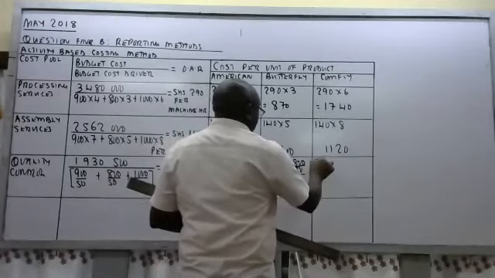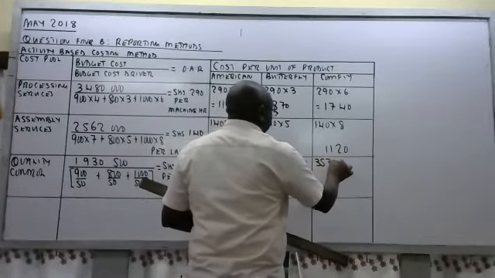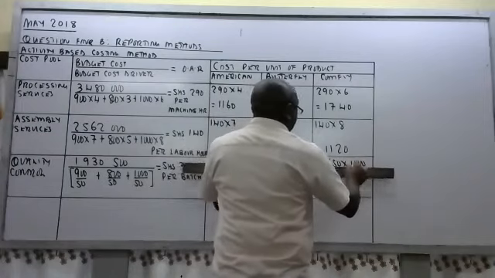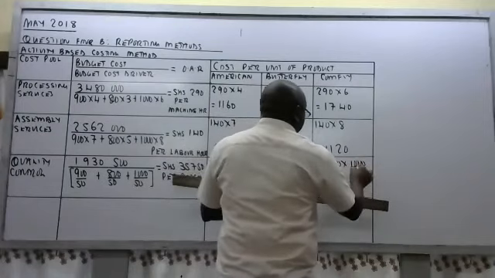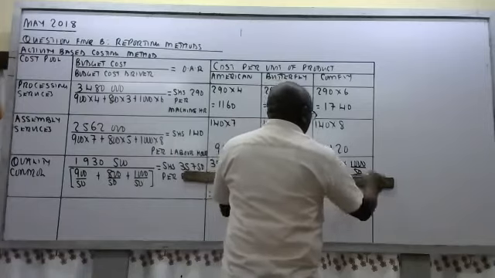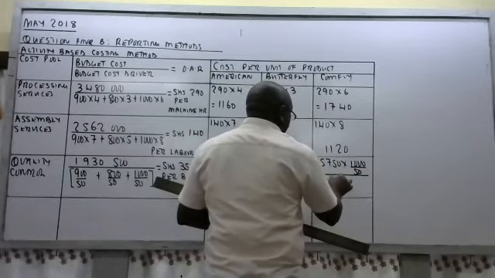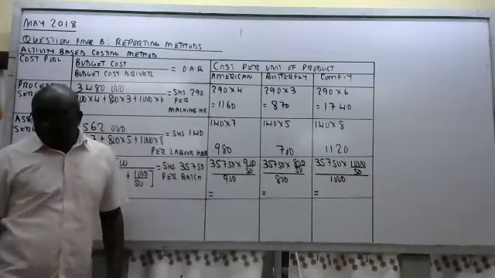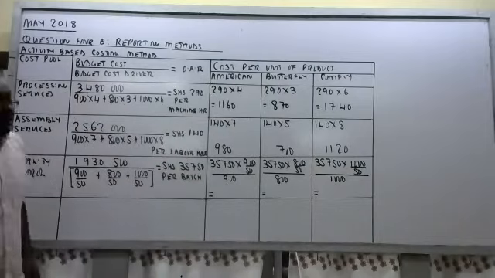The same case here, 5,750 multiplied by 1,000 divided by 50, then divide by 1,000.